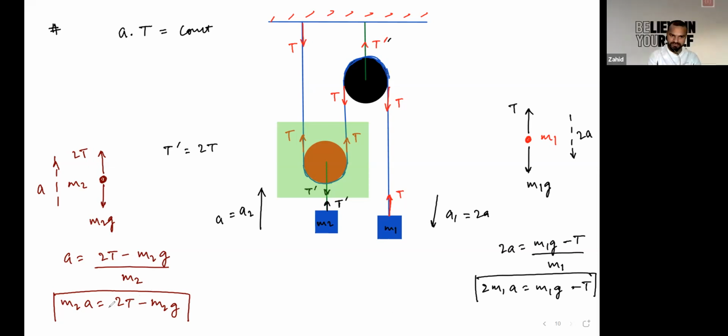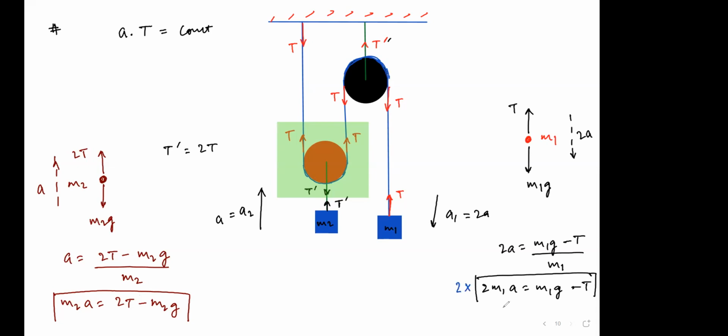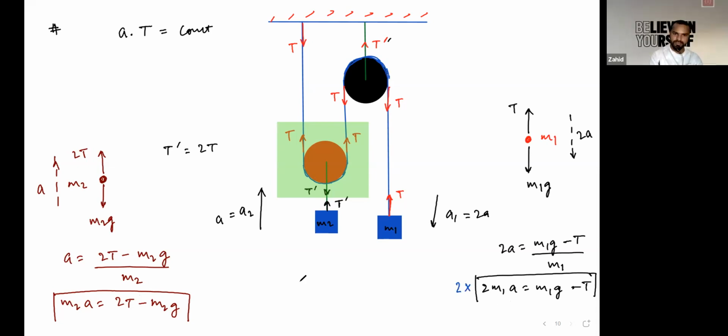Since we have 2T in left equation and just T in right equation. Sir, we can multiply with 2. Good. So this equation will become 4 times M1A is equal to 2 times M1G minus 2T. And the second equation is just M2A is equal to 2T minus M2G.